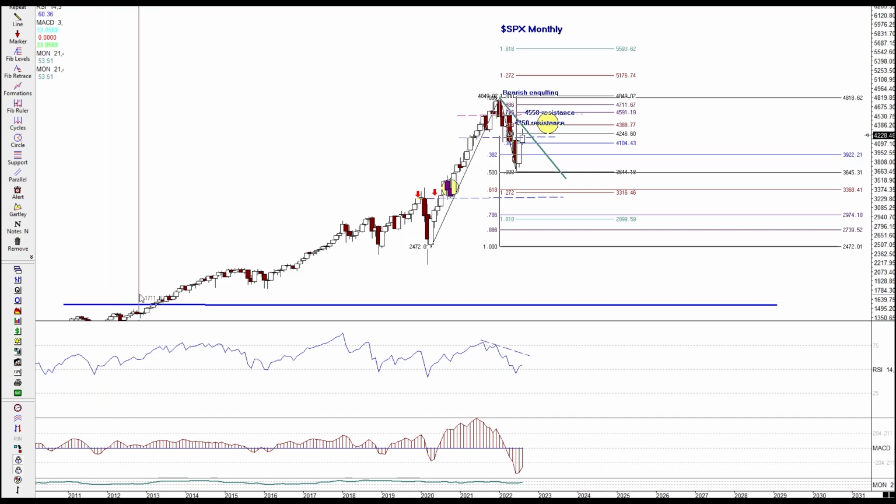This blue line is just showing where the 2013 breakout to the upside occurred and this strong uptrend. So I just keep that on my chart to remind me that it's there.